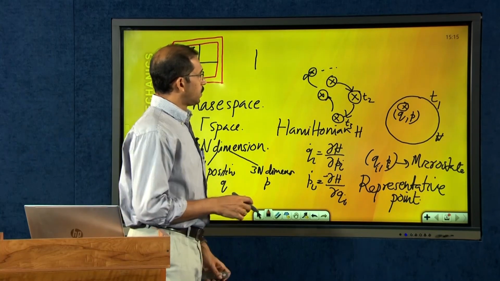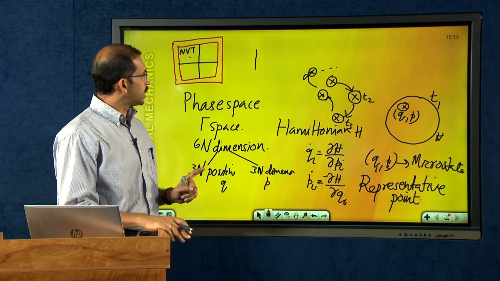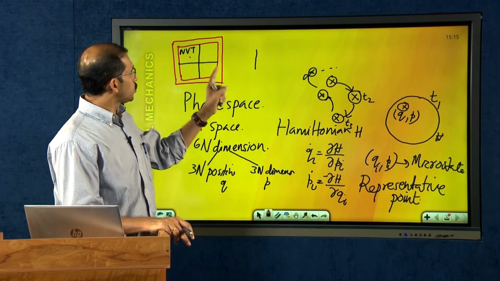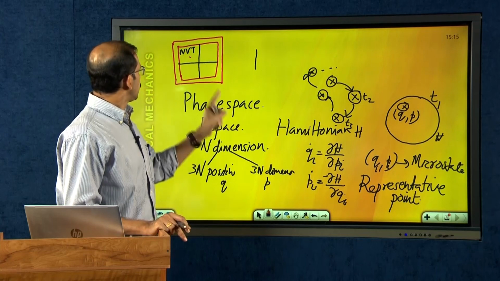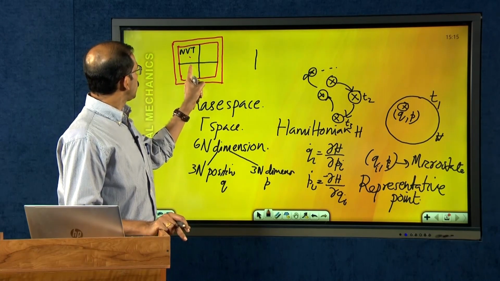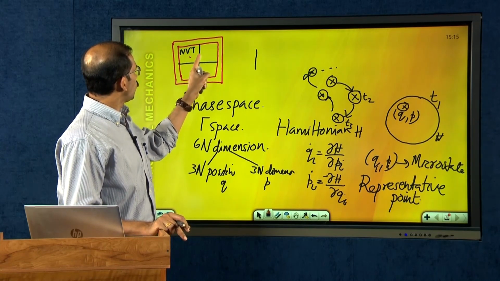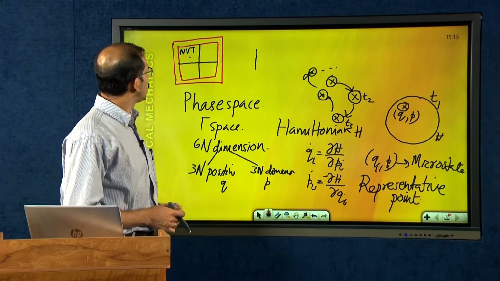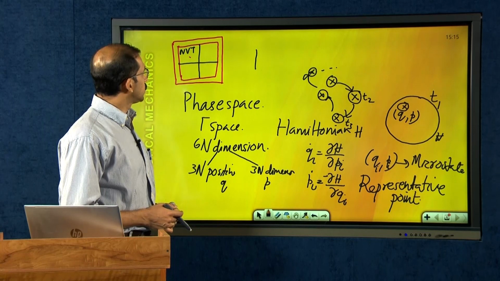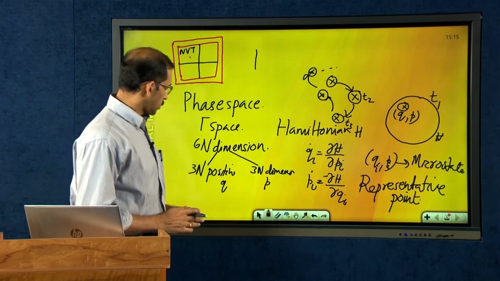Now, what we need to do is evolve this picture for a similarity with this kind of ensemble picture. That is one thing which we need to develop upon. So, let us see how we can do that.